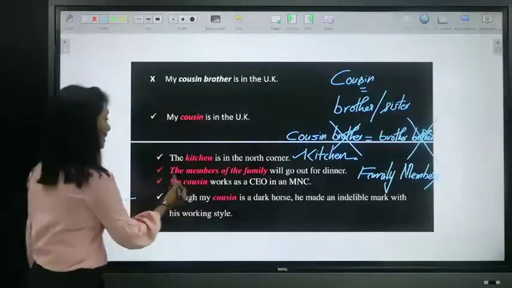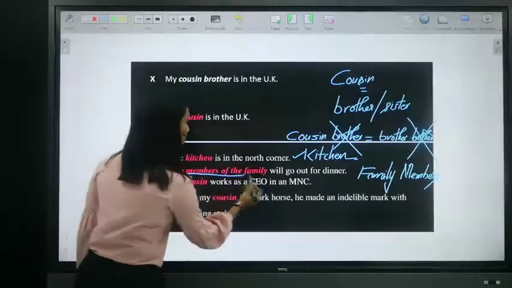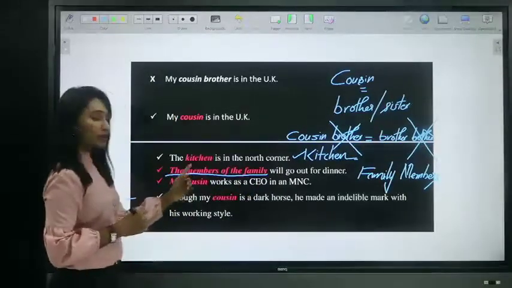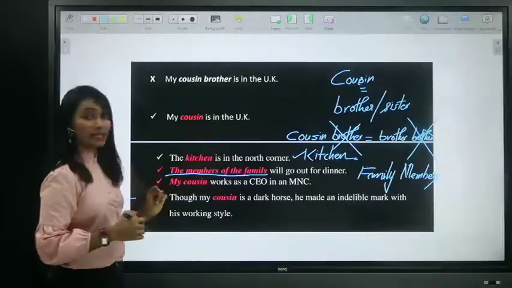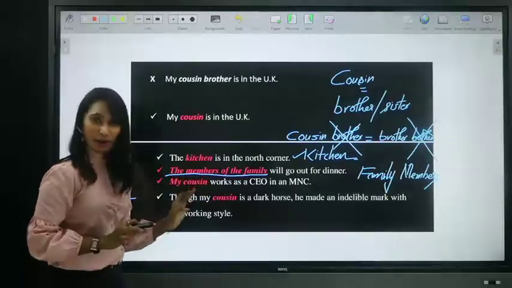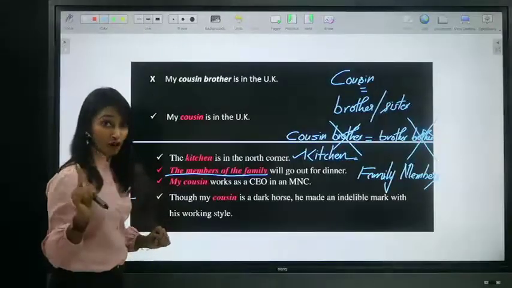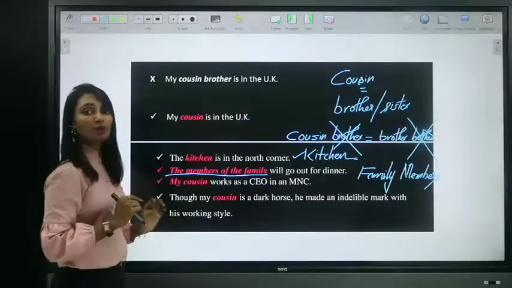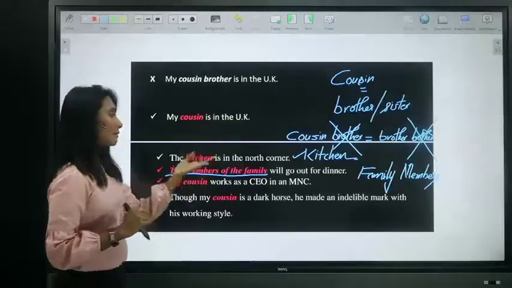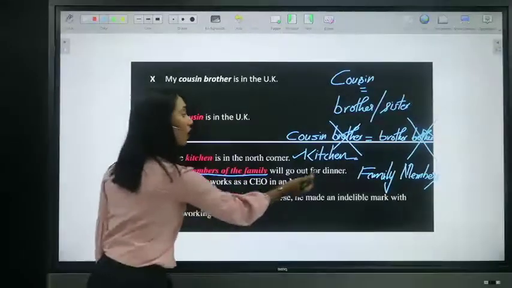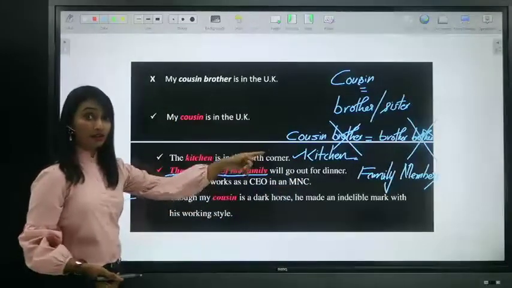Look at this. The members of the family. It should be members of the family, not family members. Family members you can use, but that is informal usage, not the formal usage. If you want to speak in a formal way, it should be, the members of the family will go out for dinner. Going out, that's why dinner.